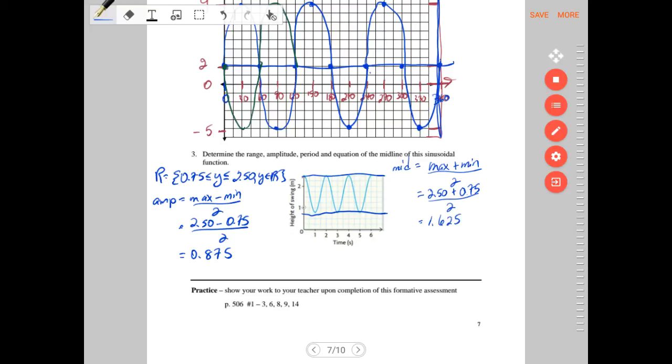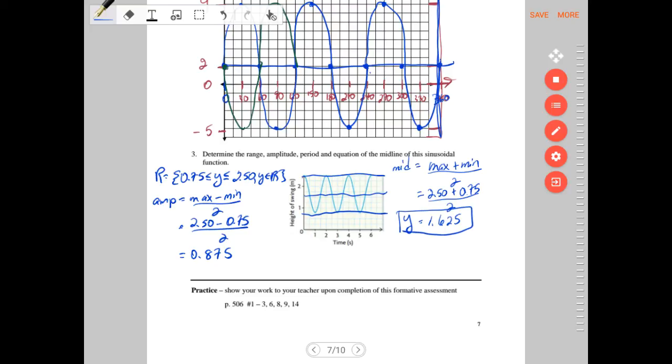Okay, so 1.25, 1.5. So it should be right about here-ish, somewhere in there. Okay, great. And again, remember, because it's an equation of the midline, we have to write it as y equals 1.625.